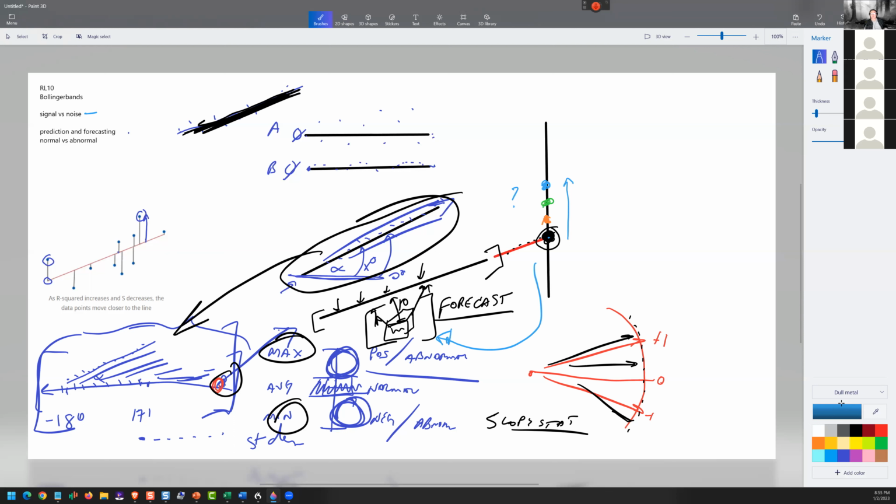In regression theory, it has to do with the size of the error, the size of the standard error in those prices. What we can say is that when you take the average distance away from that regression line, that's going to equal a standard error of the estimate.